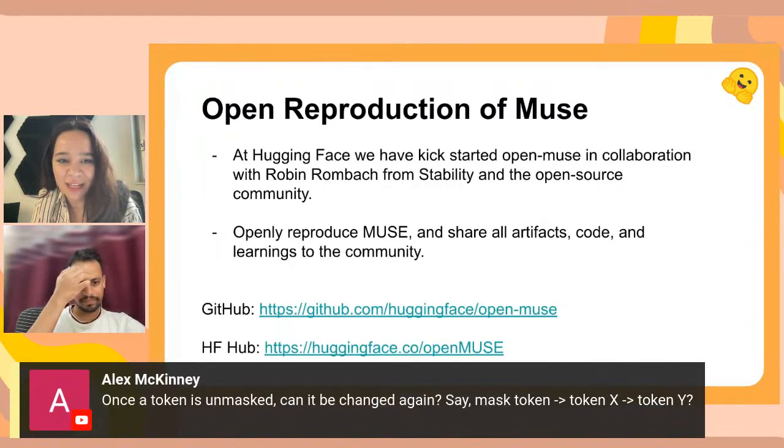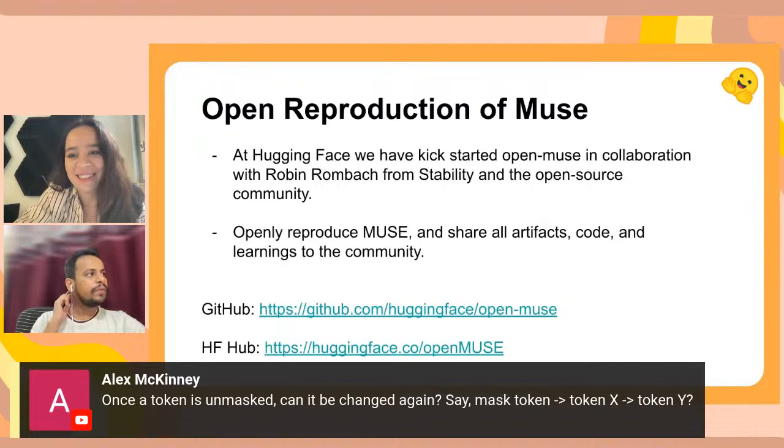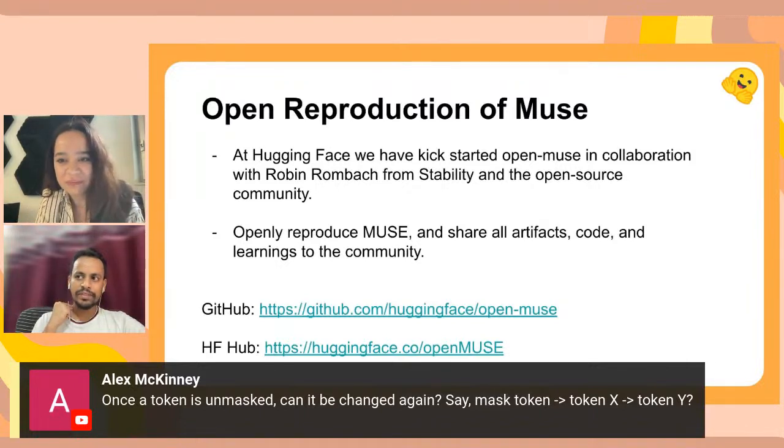Alex is asking, once a token is unmasked, can it be changed again? Say mask token, arrow to token X, arrow to token Y. I think ideally it can, but the way we train these models, once a token is predicted, we don't have a surety that the model will predict another token for that position.